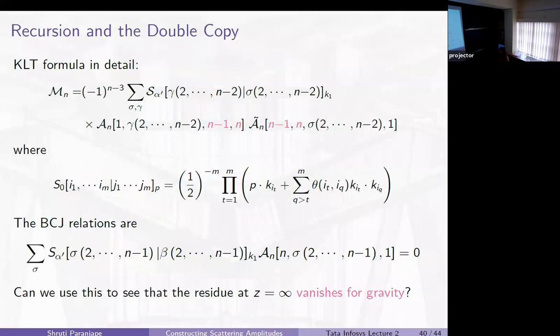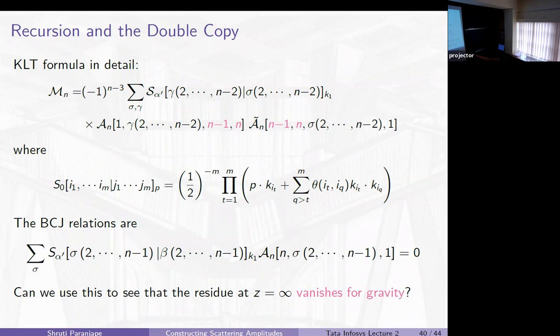Good. So now it's very easy to see what happens to gravity, because this is just the full form of the KLT formula. This is actually what the kernel is. It doesn't matter what the details are, just that it doesn't involve the momenta n and n minus 1. Right?